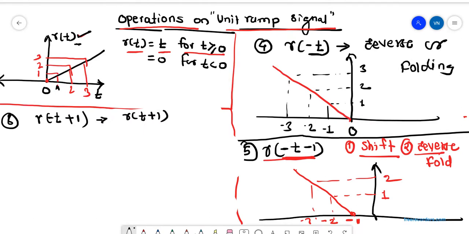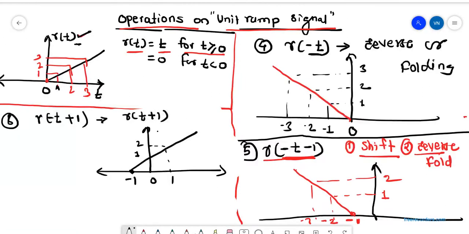So what is r of t plus 1? If I write here r of t plus 1, we know that it is a delayed signal because we are getting t equal to minus 1. So automatically that signal will start from minus 1 having 0 amplitude, 0 having 1 amplitude, and that will be continuous. 1 having 2 amplitude, that will be continuous.